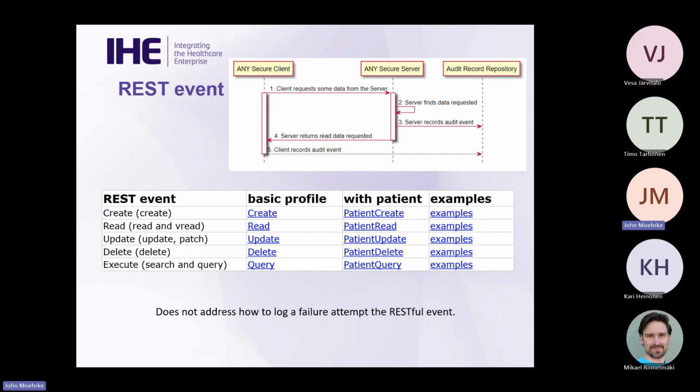So the any secure client has been enhanced by saying it is supporting this BULP profile, and any secure server is also indicating it's supporting BULP. Therefore, transaction 3 happens in that the server will record that, hey, this client just requested this information. And the client, when it gets the information, will record, hey, I successfully got this information.